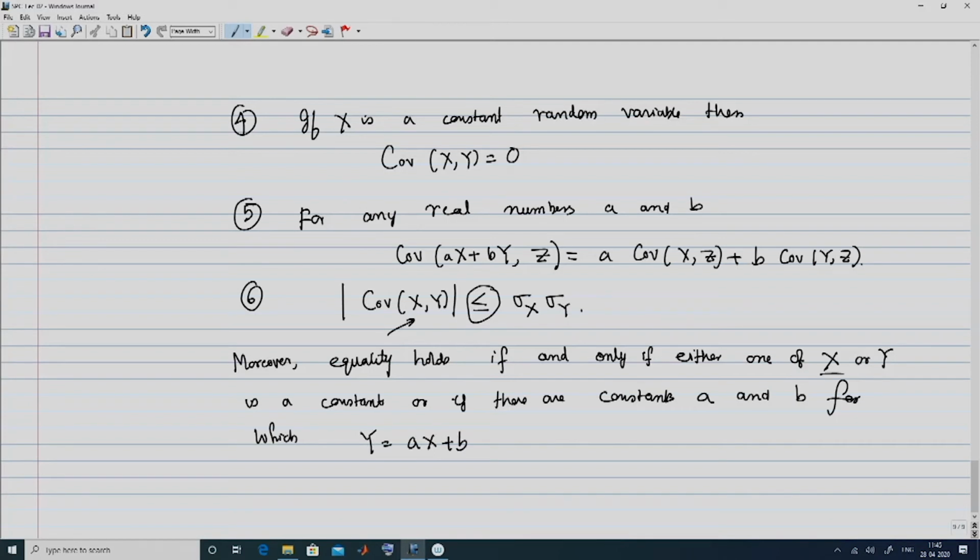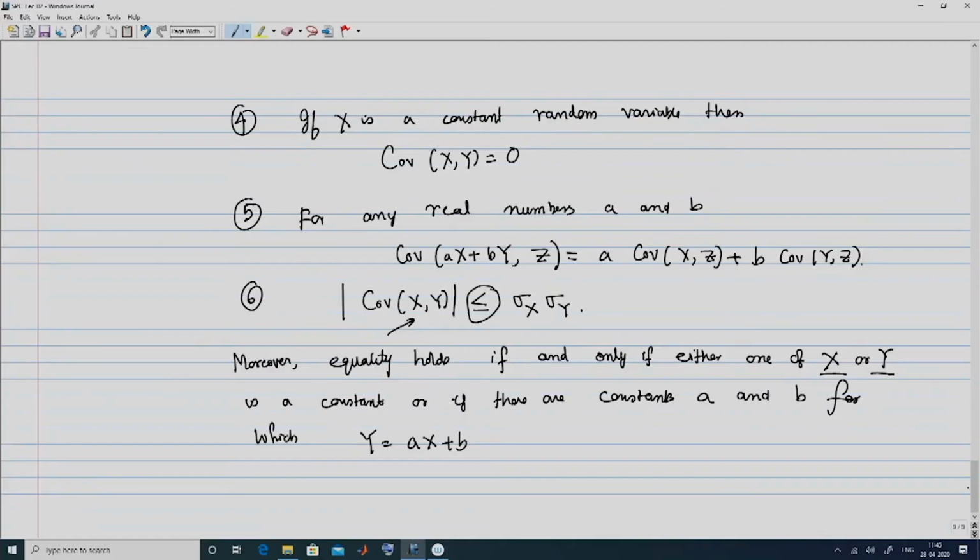In the first case, if either of them is constant, then both sides are going to be equal to 0 and the equality will hold. The other circumstance in which the equality can hold is when one of the random variables is a linear combination of the other in terms of these constants a and b.